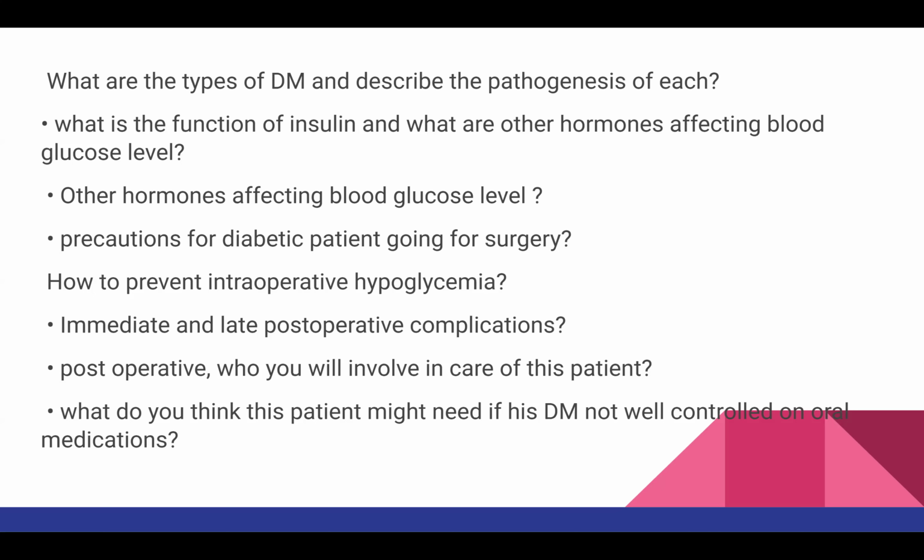There are also other hormones: glucagon, then the pituitary hormone somatotropin, then cortisol, and epinephrine and norepinephrine. Insulin also increases amino acid uptake and protein synthesis. Hence, it is also regarded as a growth hormone.